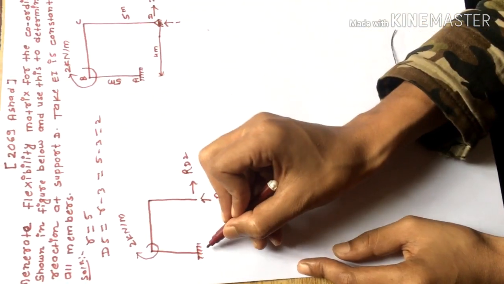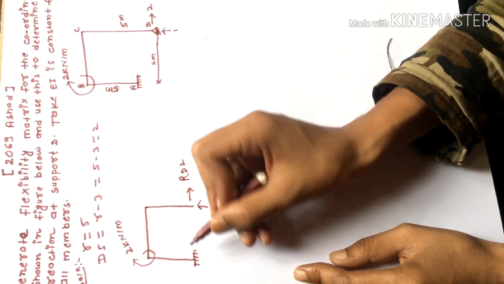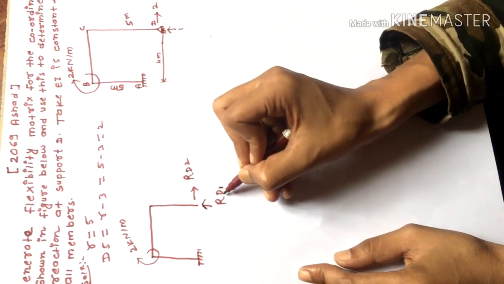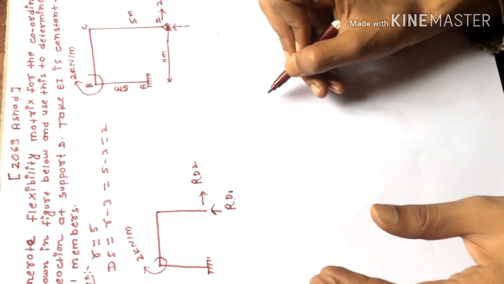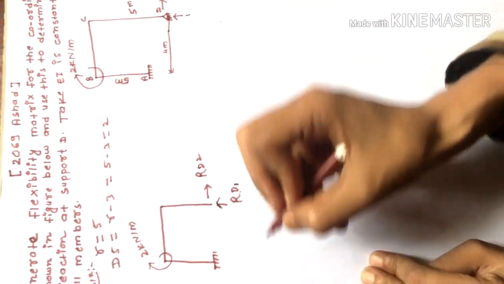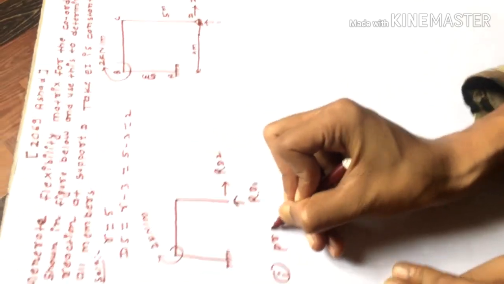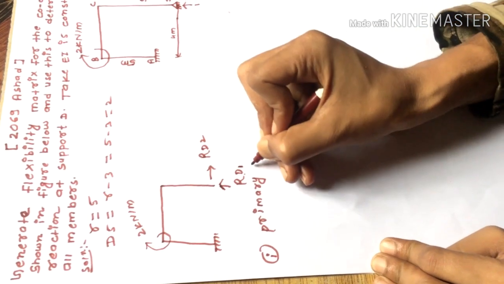Now we can count the number of reactions: at the fixed support the number of reactions is 3, and at D there are 2 unknowns, that is RD1 and RD2. So this given indeterminate frame has now changed into a determinate one. If this is figure 1, this figure is known as the primary structure.